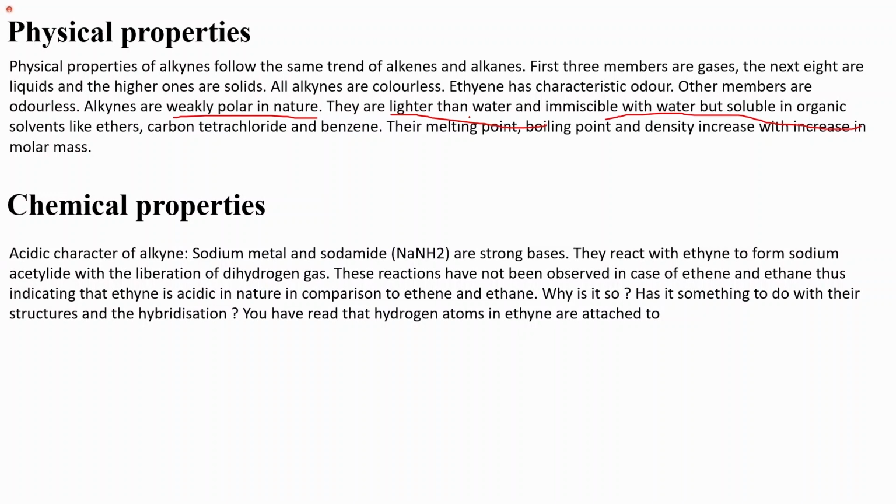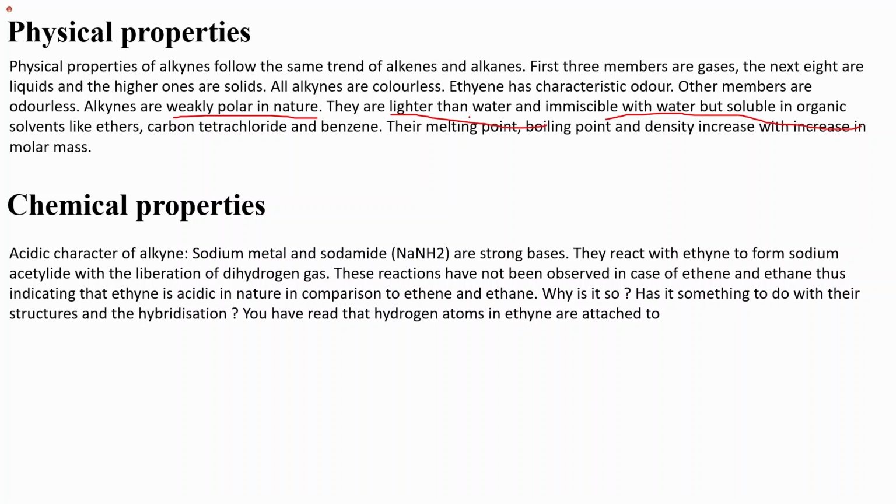If you pour any liquid alkyne into water in a beaker, it will create two layers. One is the aqueous layer, and the other is your organic compound, the organic layer.